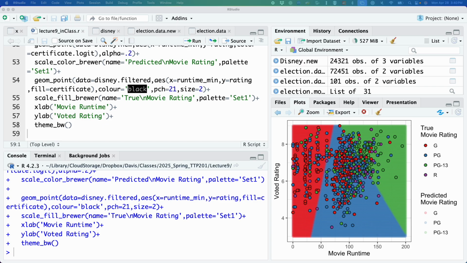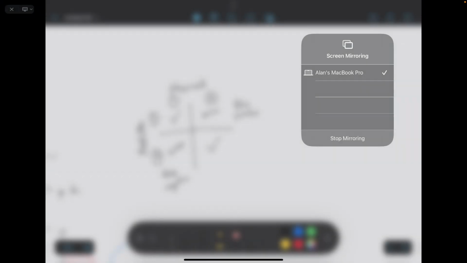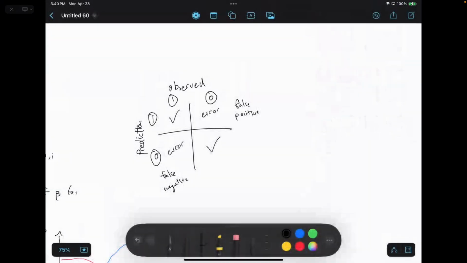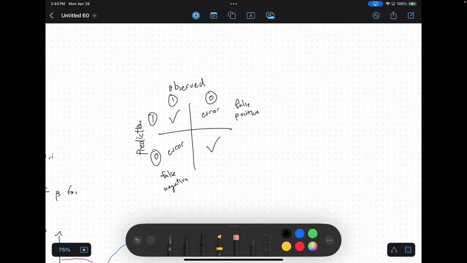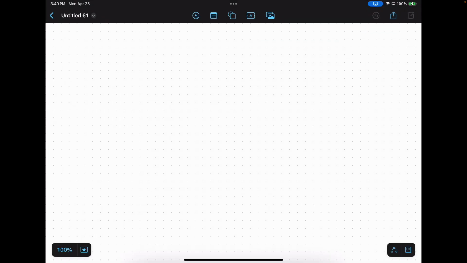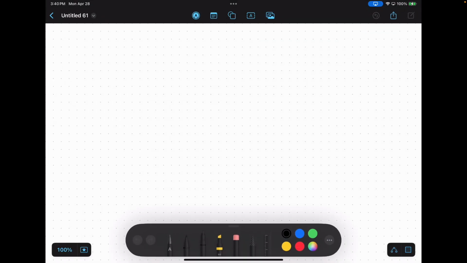So logistic regression is not the only way to do these discrete models. And so other examples of classification, let's talk about these.